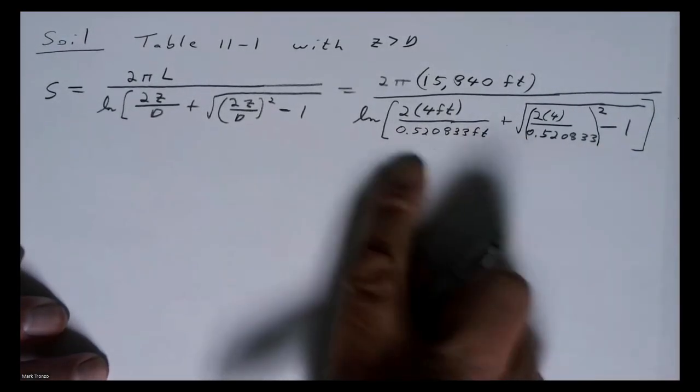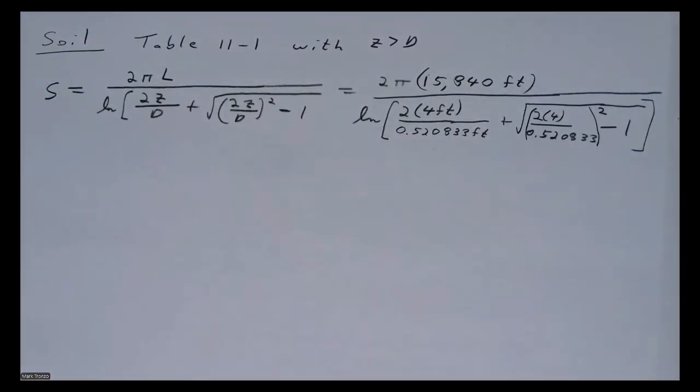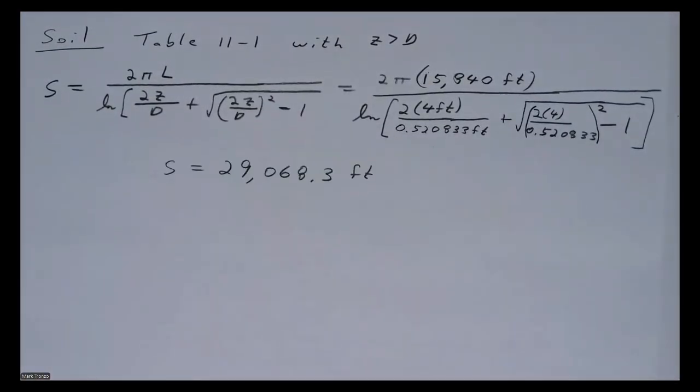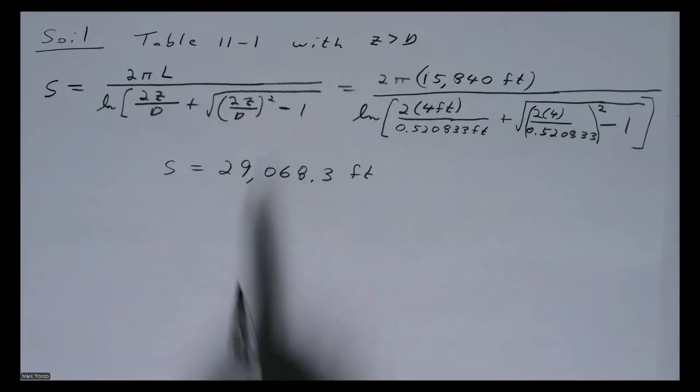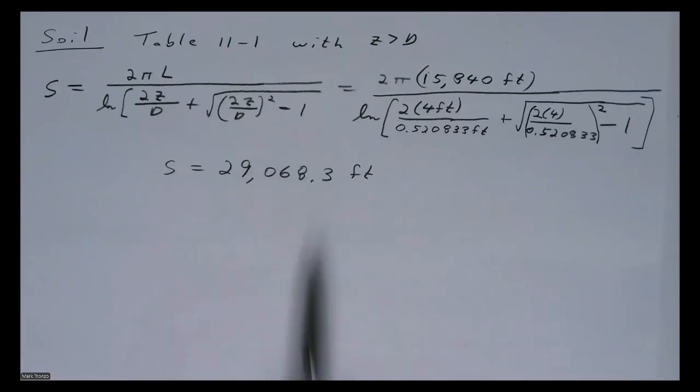Minus 1, and the square root of that, then we want the log of that whole quantity. When you put that into your calculator, you get something like 29,068.3 feet.